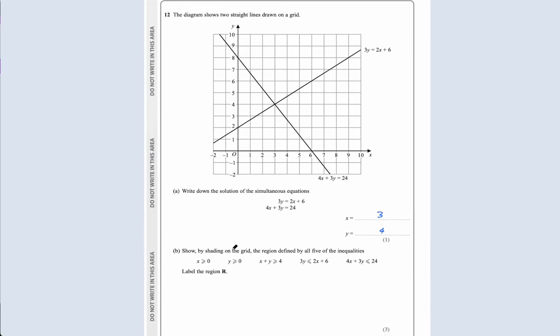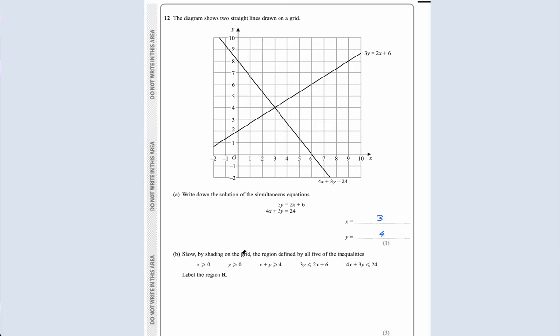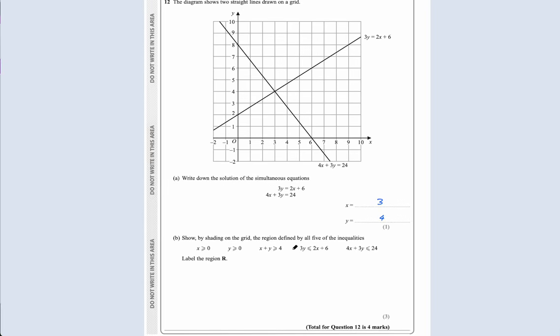Next one. Show by shading on the grid the region defined by all 5 of the inequalities. Right, guys? This is normally a tricky question for sure. What I want to do is draw all these lines. Let's call this one x equals 0.